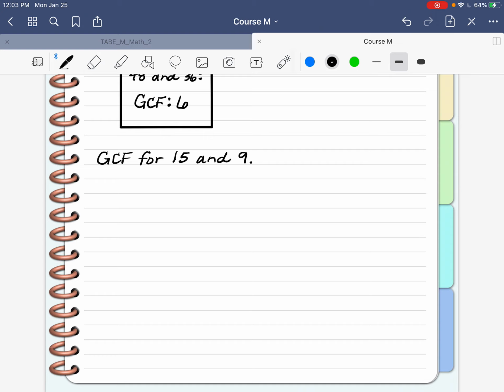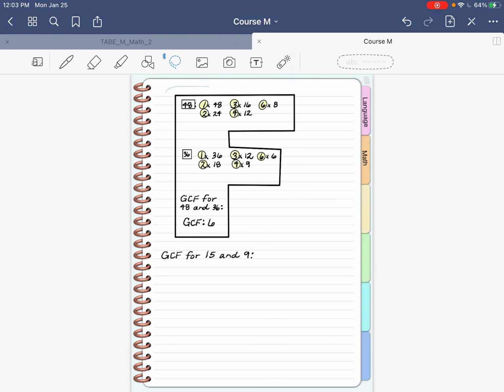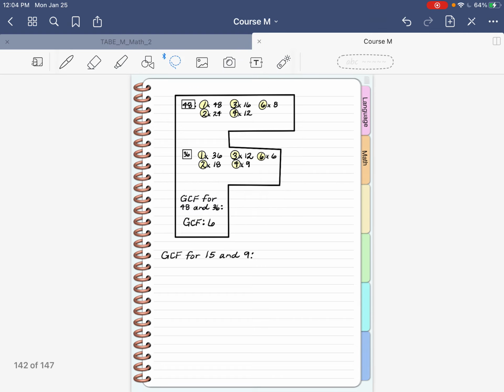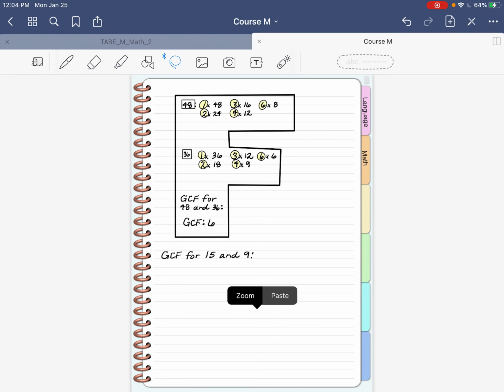Now, if you want to sketch the F, that's fine. I'm not going to take the time to do that. I wish I had. Actually, I might be able to do it this way. Bear with me just a second. Let me see if I can just copy that, and paste it.